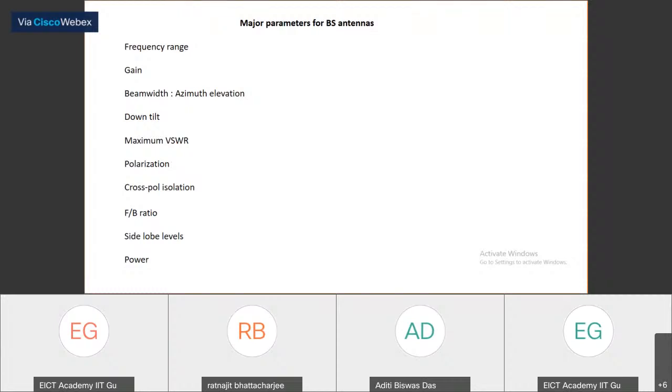Now apart from these, in the base station antenna, you need to also consider some of the mechanical parameters, because as I told, this antenna will be mounted on an elevated platform, maybe some 10 meters to 30 meters high, and many issues come into picture. The dimensions, what are the dimensions of the antenna?